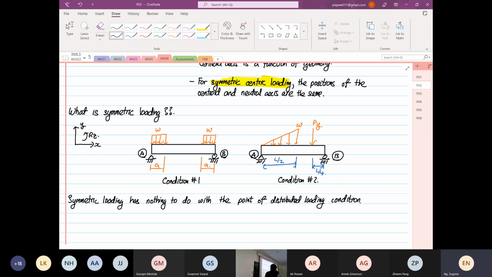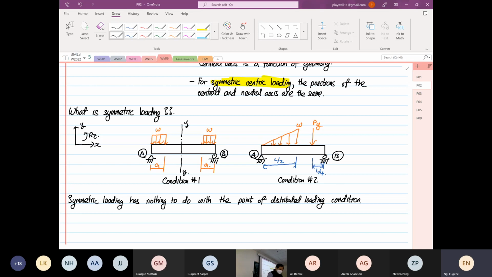Now you get confused. Then where does the word symmetrical come from? One is symmetrical in terms of loading condition and forces. If I split a line and call it the YY axis, the loading condition on the left is the same as the loading condition on the right.